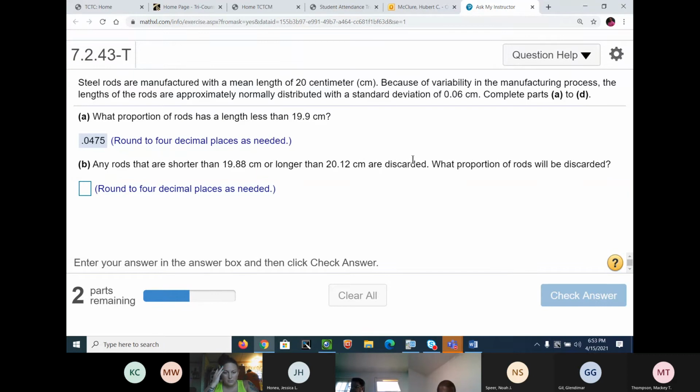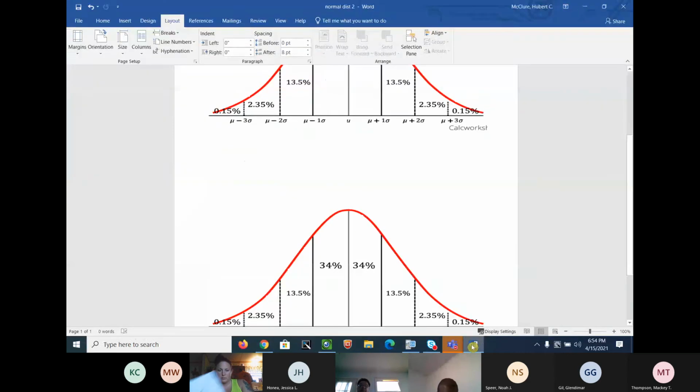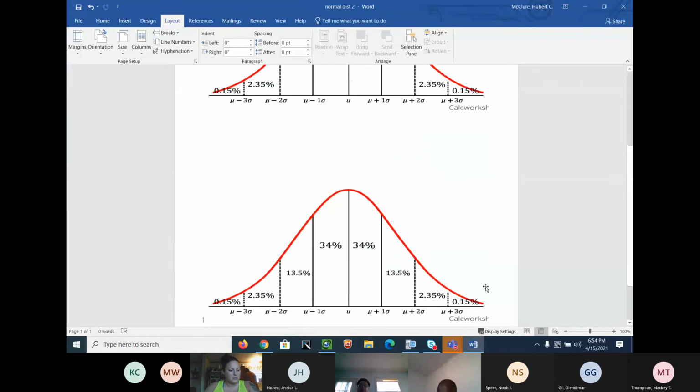Well, I sent y'all a 2-pager. You can use it for your homework. It's on the file page, called Normal Distribution 2. Oh, okay. I'll print that out later.